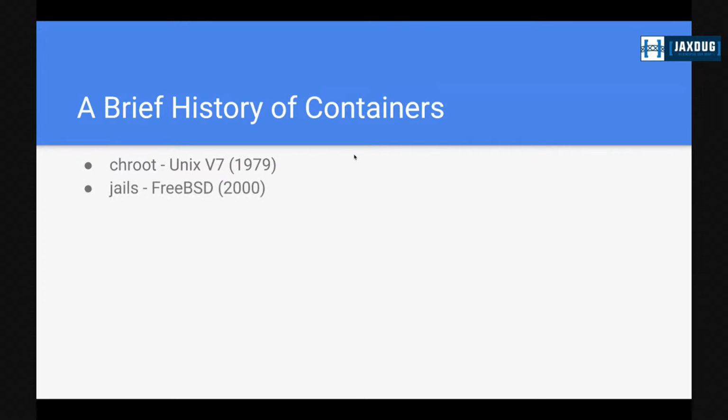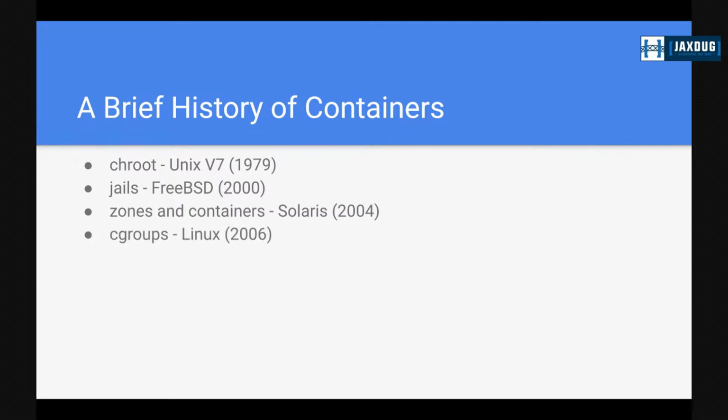So the next technology that came out was jails in FreeBSD in the year 2000. That kind of built on that change root and some other stuff. And then we had Solaris, which was another Unix variant, had zones and then containers that came out around 2004 that provided more functionality, more isolation.